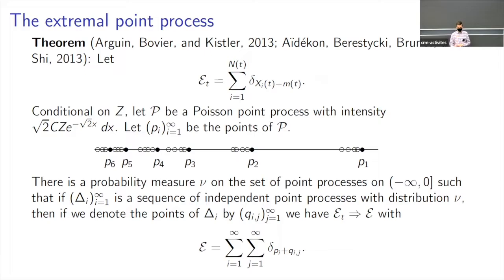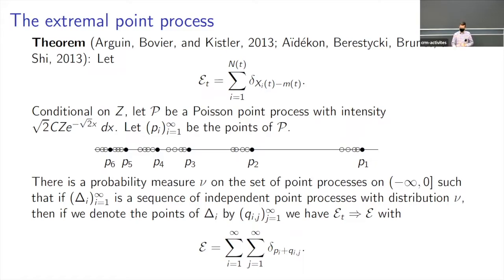They placed a unit mass at the location of each particle minus the median position of the rightmost particle. Here by δ_x, I mean a unit mass at x. And by subtracting m(t), we are shifting the axes so that we're focused on the position where we should find the rightmost particle.